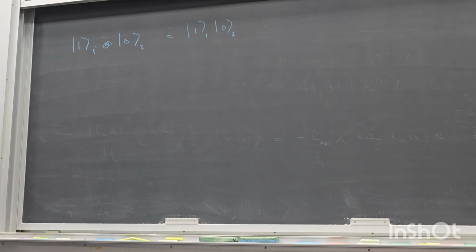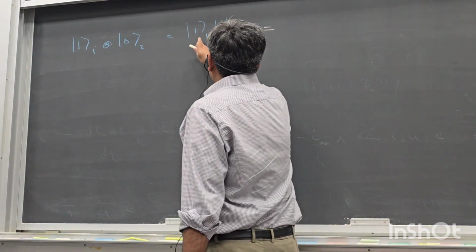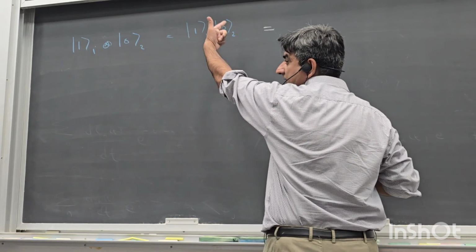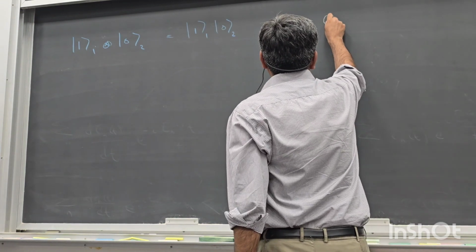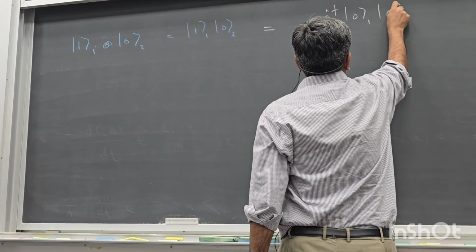So we really know that this thing can be written as the creation of one photon in mode number 1 from vacuum. So this thing is A1 dagger, correct?